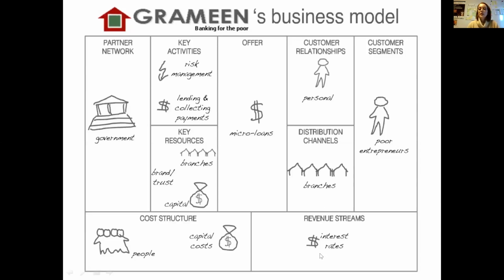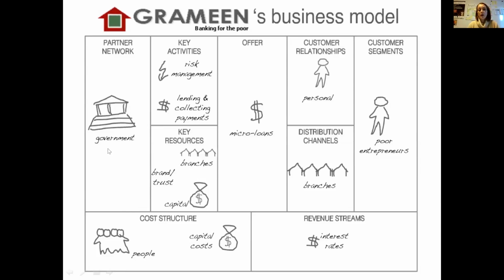And we receive our revenues from interest rates mainly. The key resources we use are the branches that we established, the brand and trust we built, and the capital we invest. And the key activities mainly consist of risk management, lending and collecting payments.